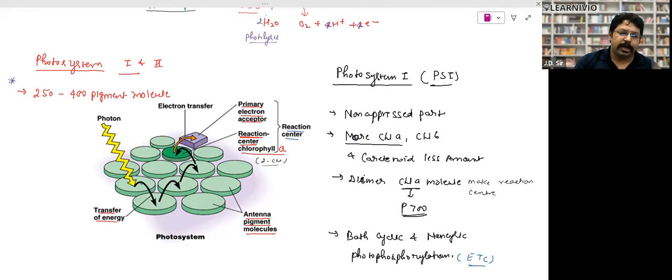These small antenna pigments capture the photon, meaning they capture the energy, and they transfer the energy finally to the reaction center. They capture a small amount of energy, and finally they give it to the reaction center. The reaction center collects a large amount of energy, and it breaks down the water molecule here in PS2. It breaks down the water molecule, then the electron is accepted by the electron acceptor. That's how they work. Is that clear?